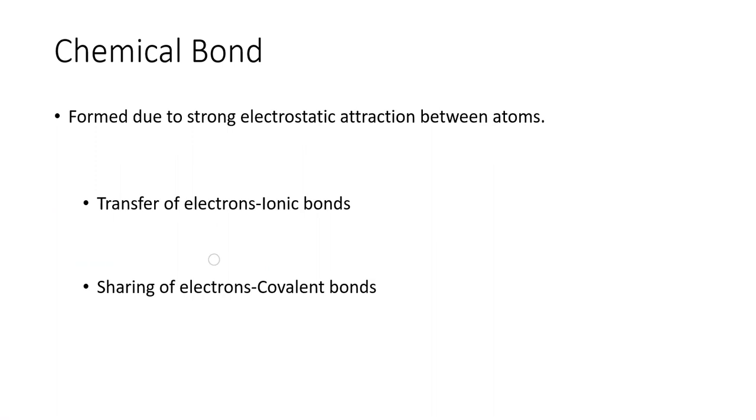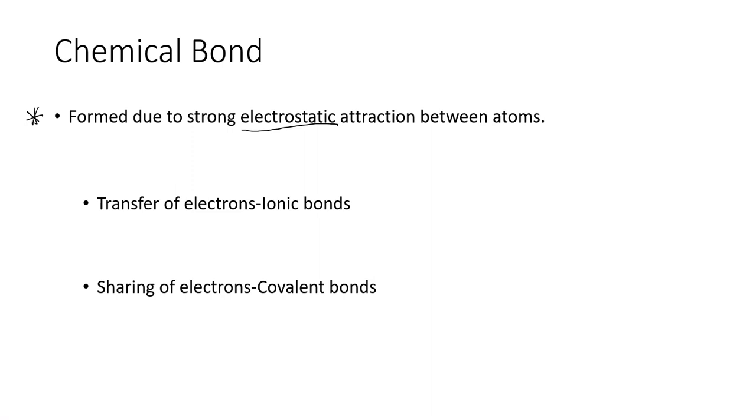So, really, a chemical bond is just formed when two atoms attract each other. We call this type of attraction electrostatic attraction.